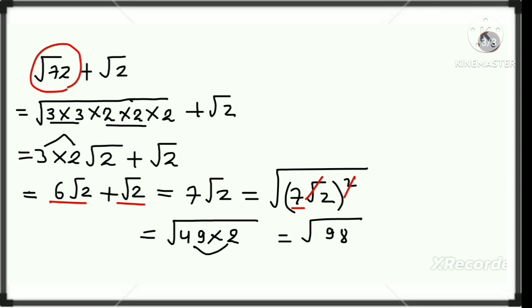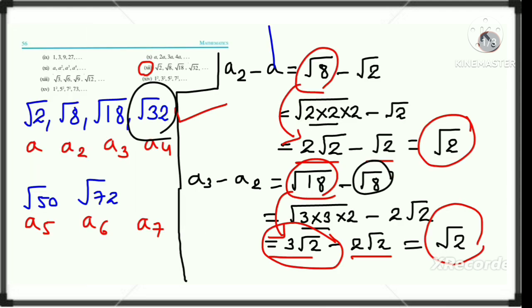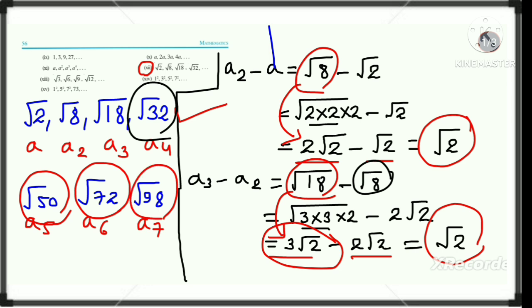This is our seventh term. Okay, now let's write over here. Our seventh term is root over 98. Okay students, in this way we have obtained its 3 more terms, that is root over 50, root over 72 and root over 98.